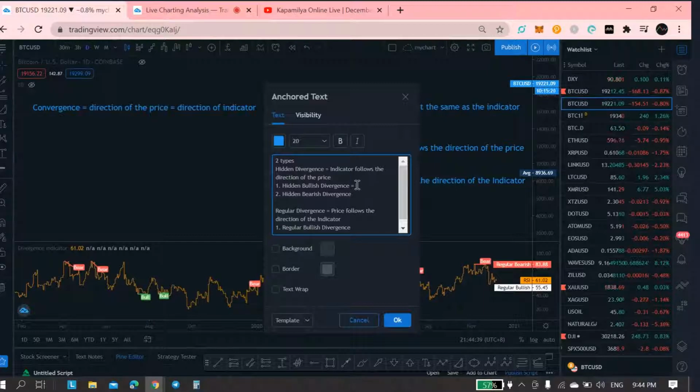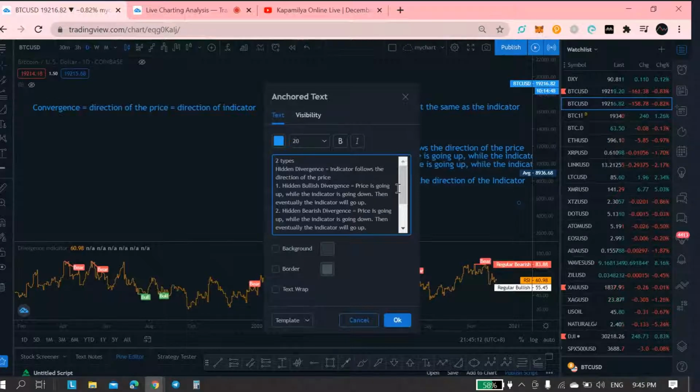The price is going up while the indicator, whatever indicator it is, is going down. Then eventually the indicator will go up. So that's the hidden bullish divergence, and the leader here is the price.